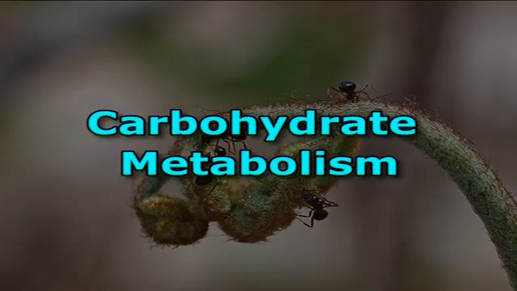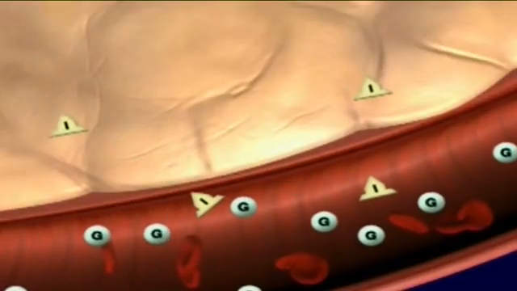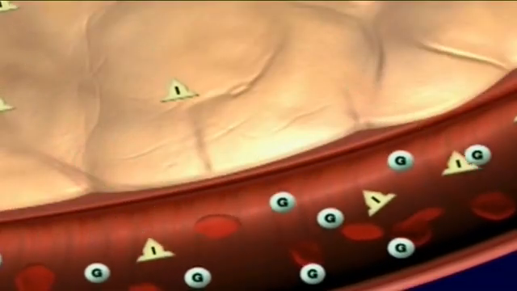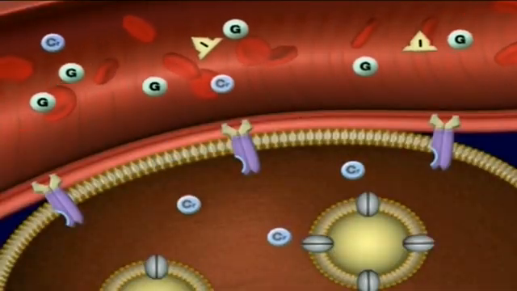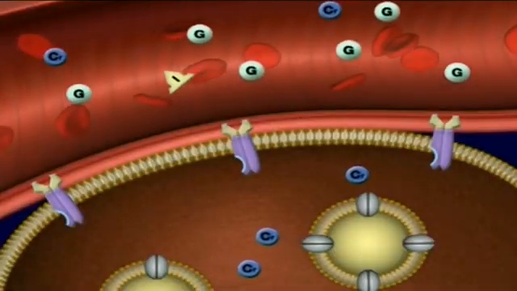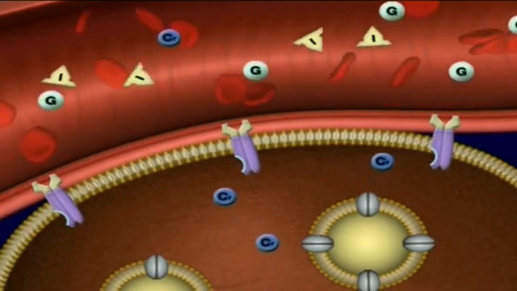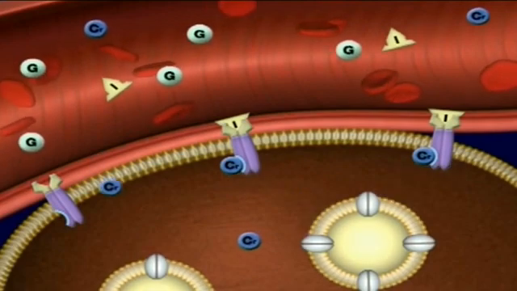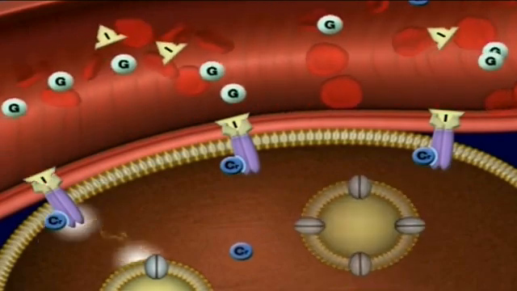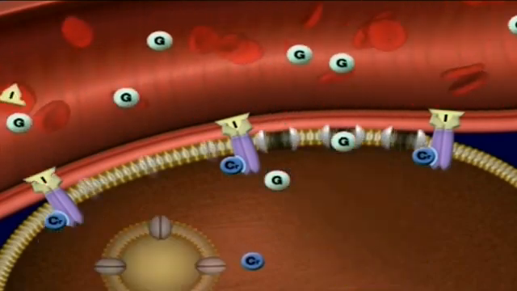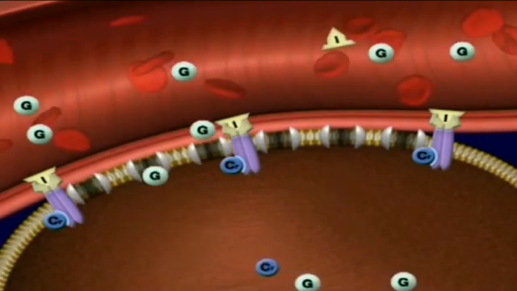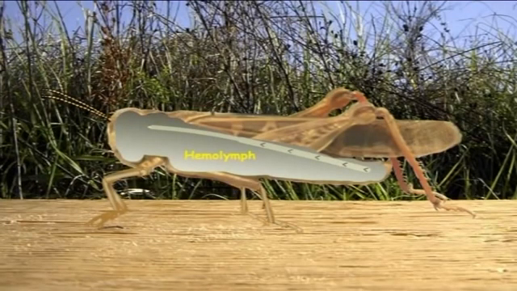Carbohydrate metabolism. As in other animals, simple sugars provide a readily available substrate that can be oxidized for production of energy. However, in contrast to vertebrates, where glucose in the blood is the sugar of importance as an energy source, in insects, hemolymph glucose and other monosaccharides usually are present only in minimal amounts.